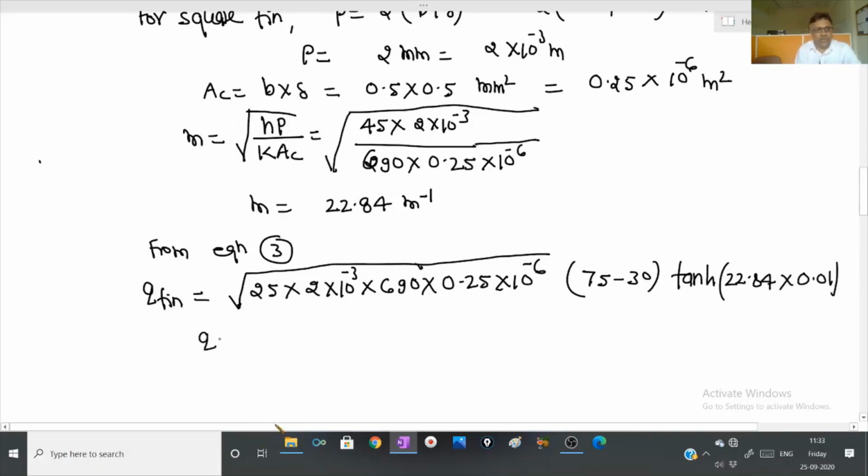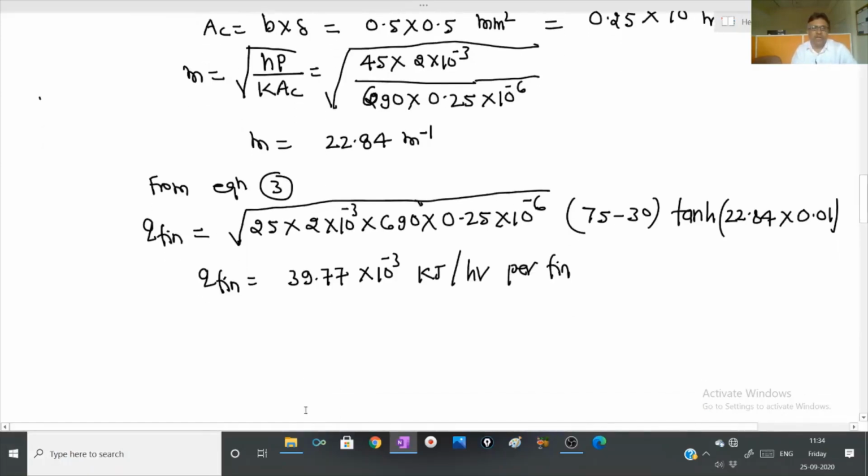So Q fin will be 39.77 into 10 to power minus 3 kilojoule per hour per fin. So this much will be the heat dissipated by the single fin with insulated tip.